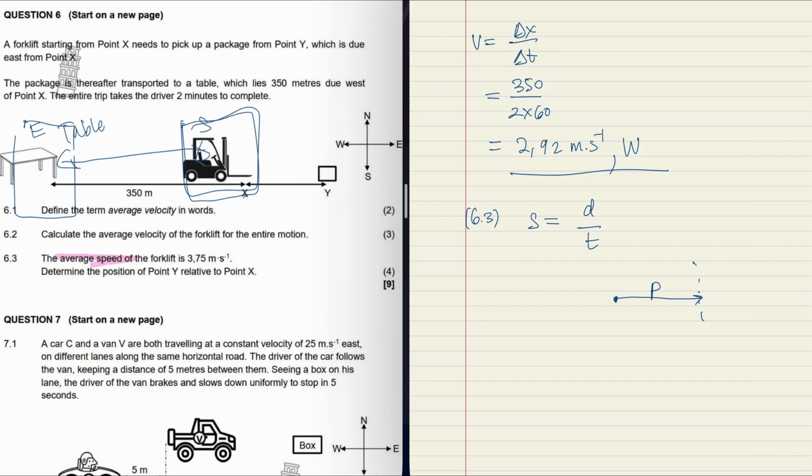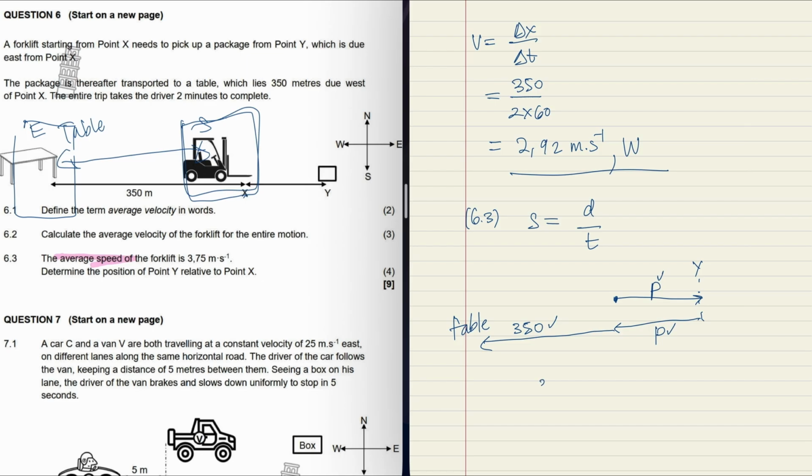So at point Y, then the forklift driver needs to travel back to point X, which is another P meters, and then travel 350 meters to the table. So the total distance that the driver traveled is going to be P plus P plus 350.